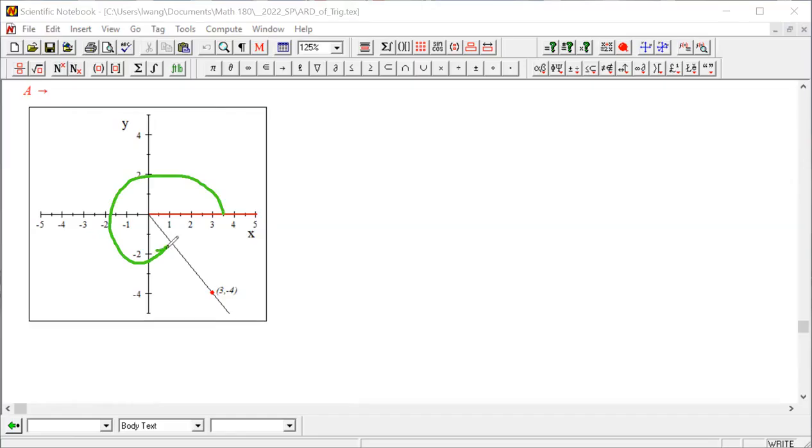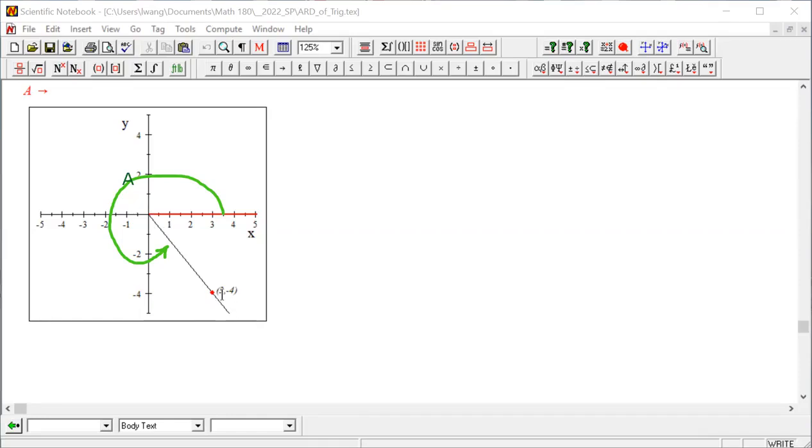I'm going to call this angle A. On that terminal, I choose a point arbitrarily other than the origin. See, I'm citing the definition. A point is chosen on the terminal arbitrarily.